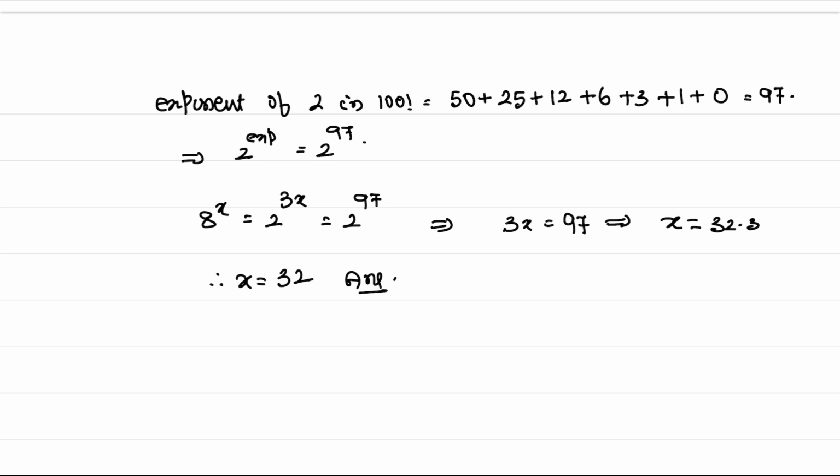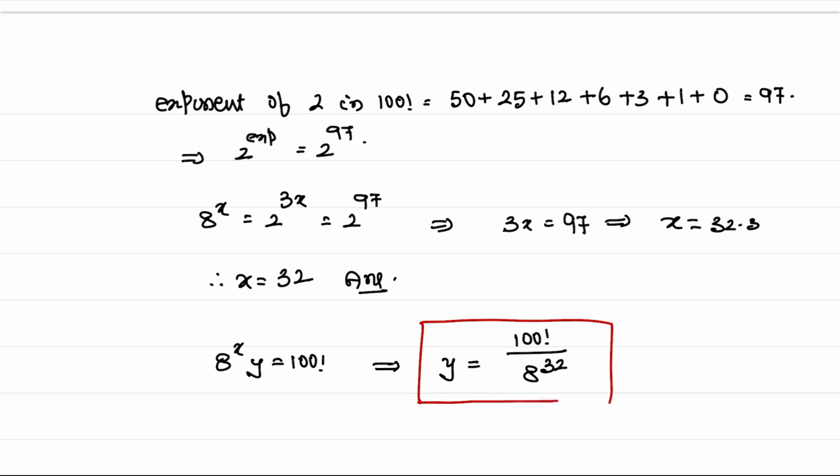Then another, what is the question? The question is not completed here. 8 to the power of x into y is equal to factorial 100. That means y is equal to factorial 100 by 8 to the power of 32. This is the value. Either it can be asked in the examination to find the exponent of 8, or they can ask you to find the value of y, treating the highest exponent of 8.